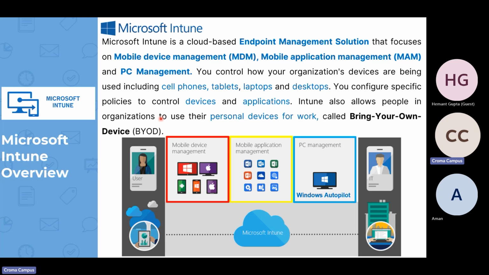So all three will be managed from the Intune console itself. This is called MDM, this is called MAM. Will they exist individually? The answer is yes for both of them. Can they exist together? Yes, both can exist together, and all three can also exist together as well.